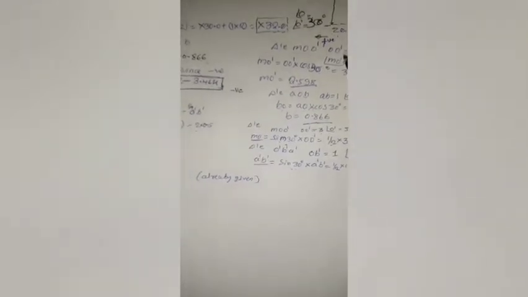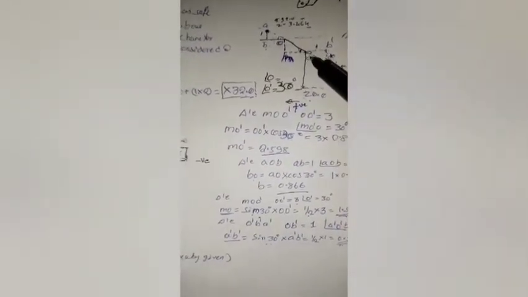Here I have to find out MO dash. How to find out MO dash? In the triangle MO dash O, the angle MO dash O, this angle theta, is 30 degrees. MO dash I need to find out, and MO also I need to find out.